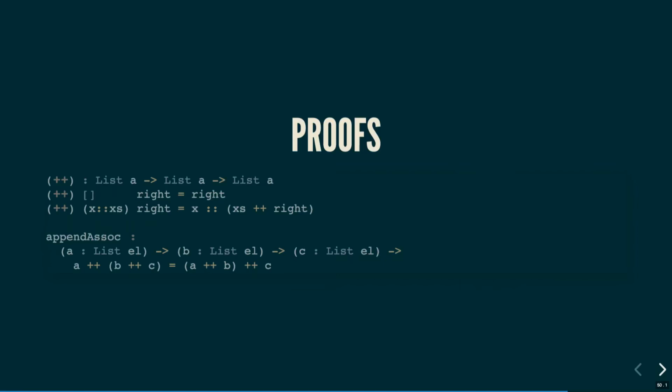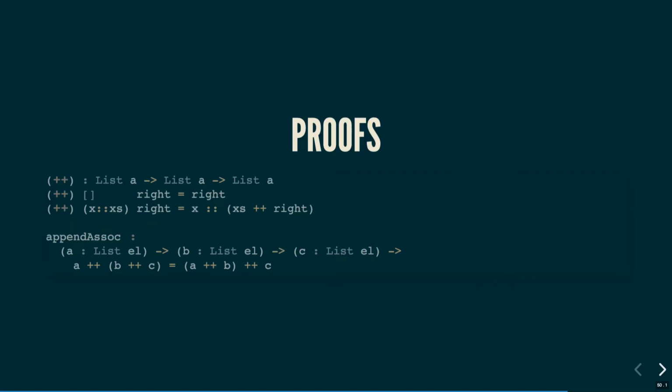The great thing about Idris, and the reason I chose it for this talk, is that Idris allows you to not just encode properties in the language, it also allows you to encode proofs in the language. So here's the associative property for the list concatenation operation. At the top is the definition of that function from the Idris standard library. It says plus plus, in goes a list, in goes another list, out comes a list.